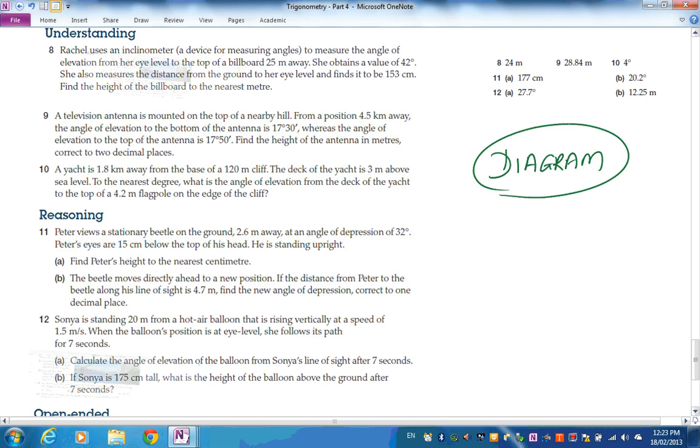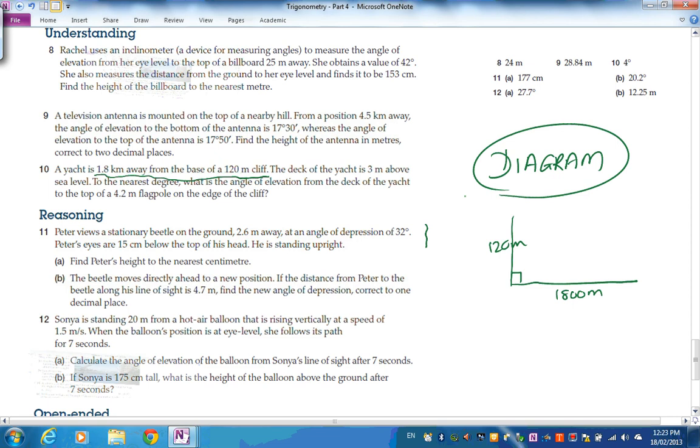Just take the small pieces, like a yacht is 1.8 kilometres away from the base of a cliff, so you can draw the cliff and then the distance, right, that sort of thing, and start to label it 1800 metres or 1.8 kilometres. Let's keep the units the same, that sort of thing. So just gradually build up your diagram.